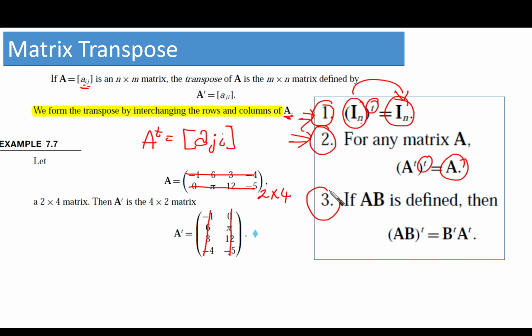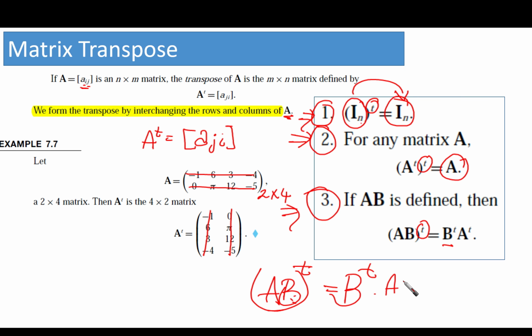And the third property: if AB is defined, then the transpose of AB, take care of this, equals B transpose times A transpose. The second matrix transposed, times A transpose. Take care, it does not equal A transpose times B transpose. It doesn't equal that.